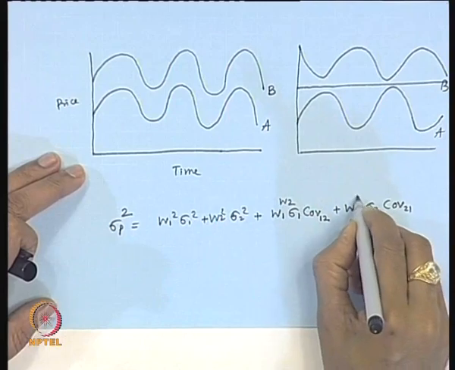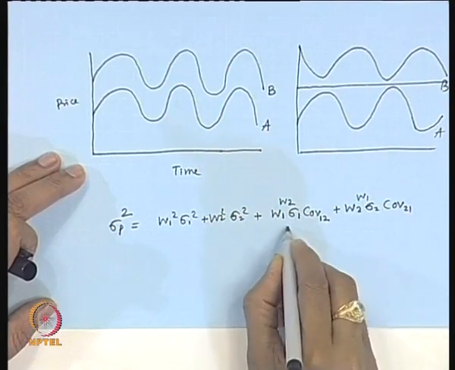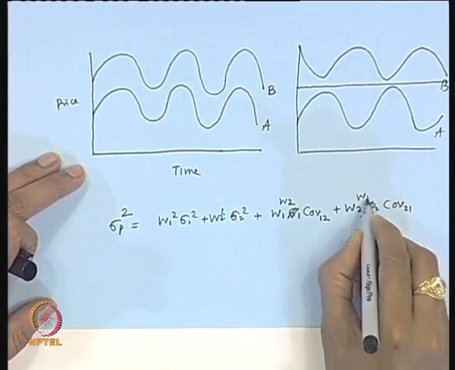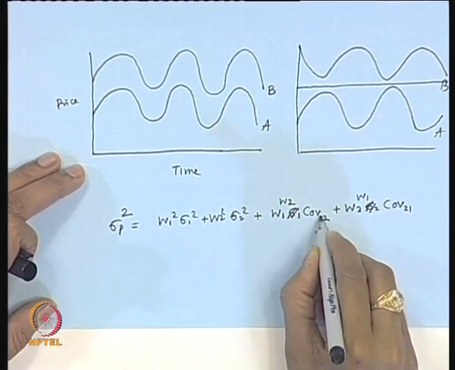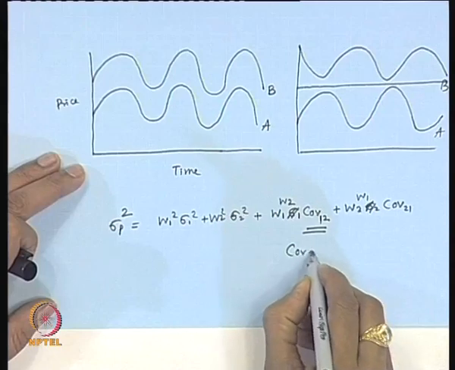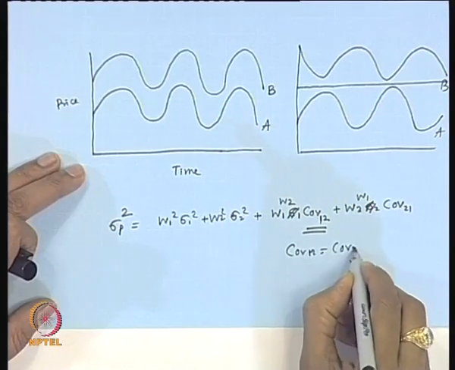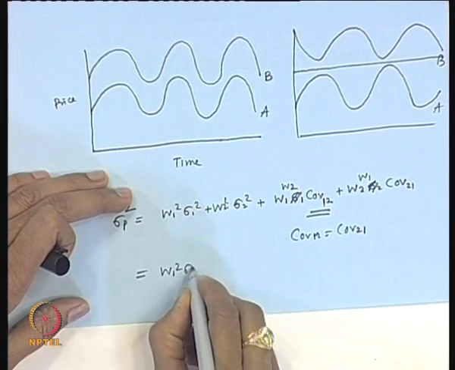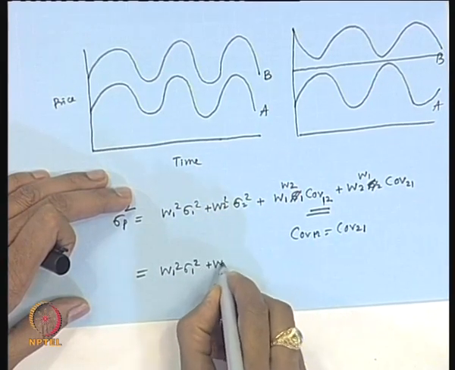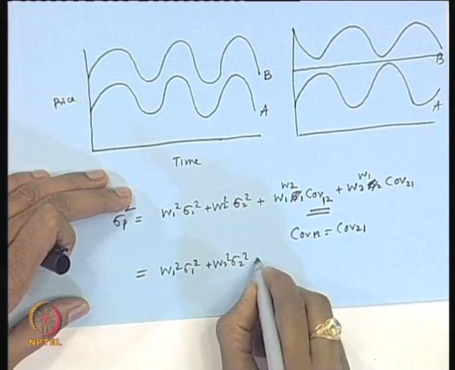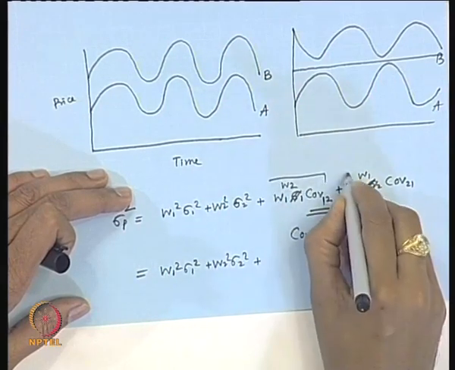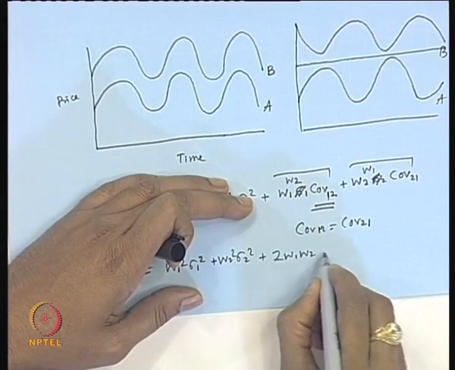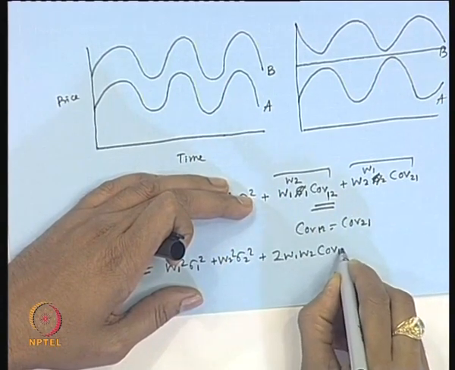W1 into W2 and W2 into W1, and instead of standard deviation 1 it is standard deviation 2. So, covariance 1 and 2 is the same as covariance 2 and 1. If you simplify this equation, it becomes W1 square standard deviation 1 square plus W2 square standard deviation 2 square, and since these two components are one and the same, it becomes 2 W1 W2 and covariance 1 and 2.